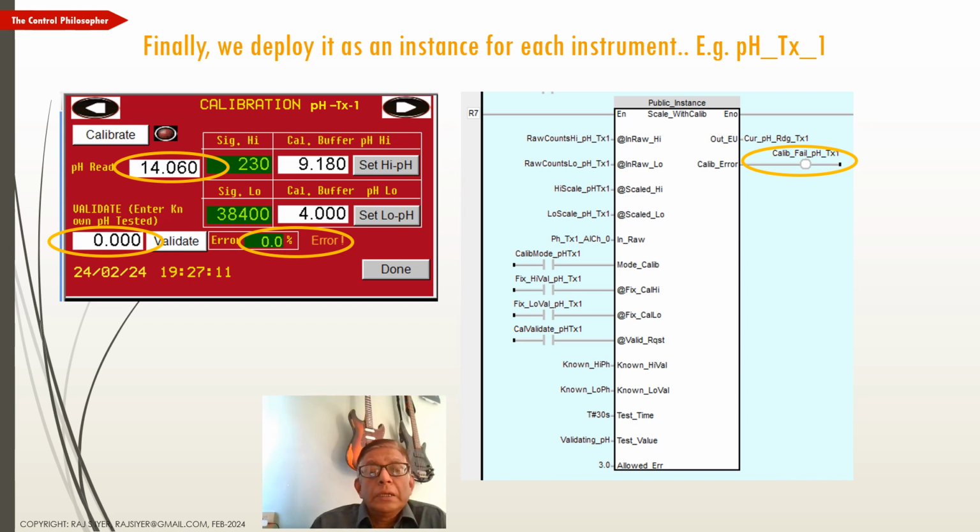Now whatever the pH reading is shown here and whatever was entered here are compared. And if there's a certain error that is beyond the allowed limit of about 3%, then error is reported.